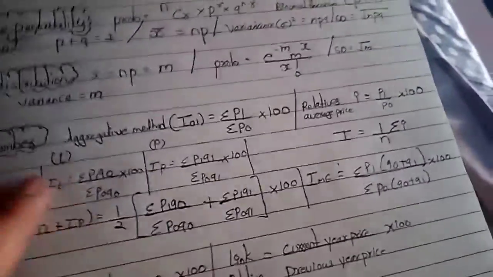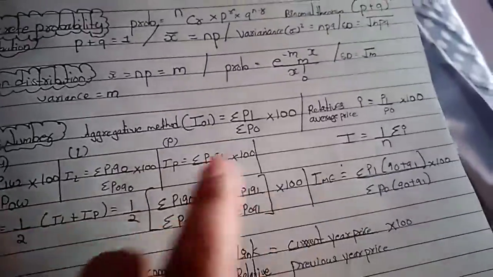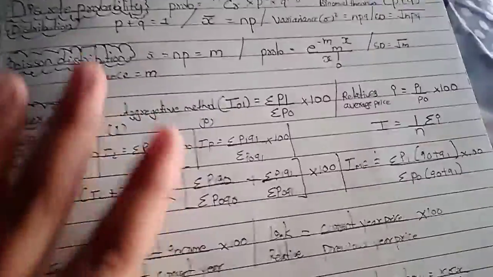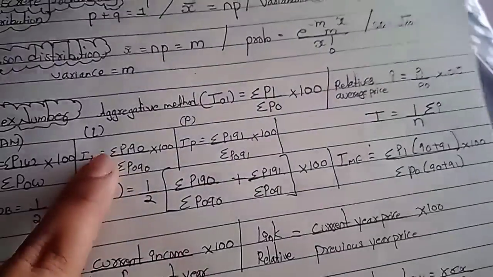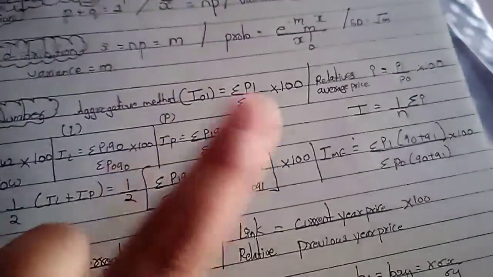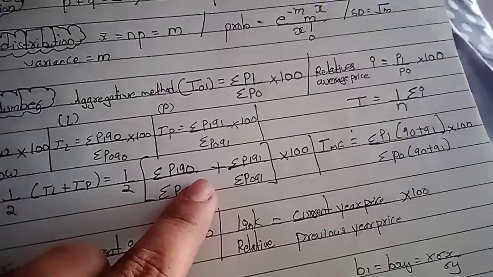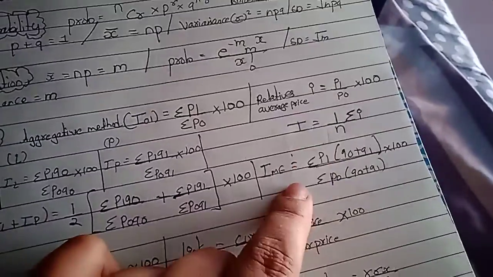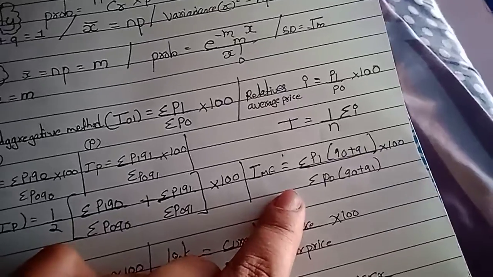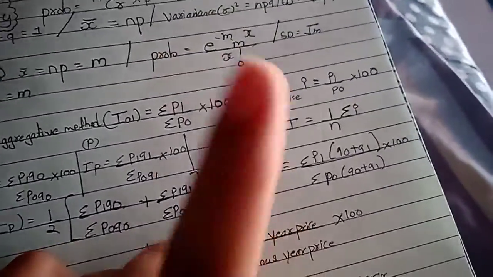Just read and do. If you know this, then you will put this and do. In index number you have to just learn two formulas, Laspeyres and Paasche. By making addition of these you will get the Dorbish-Bowley formula. And if you do the addition and take out its bracket, you will get the Marshall-Edgeworth formula.